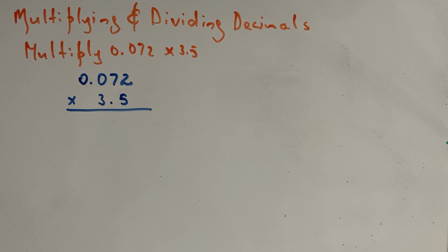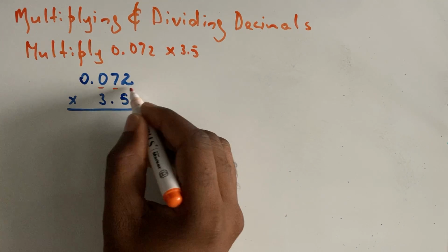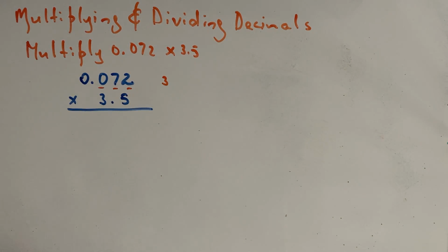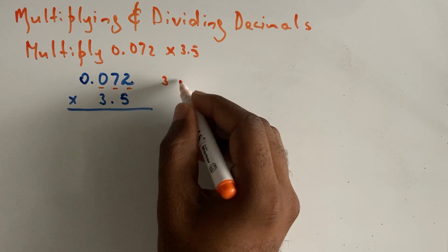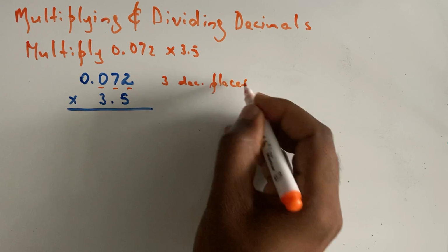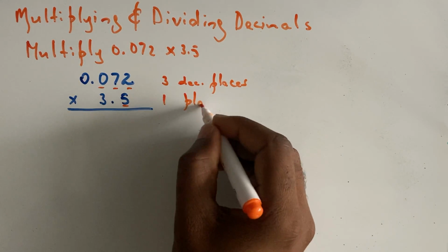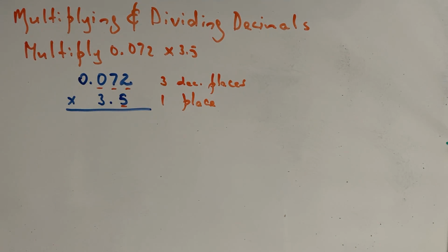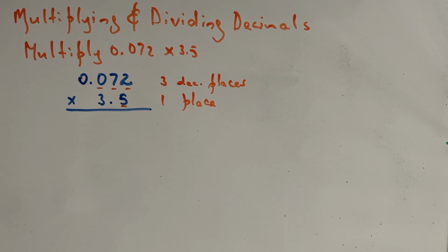Right here you see 1 place, 2, 3. So the first one has 3 decimal places. The second one has 1. So you count them, which gives you 4 total. So 4 total for your final answer.